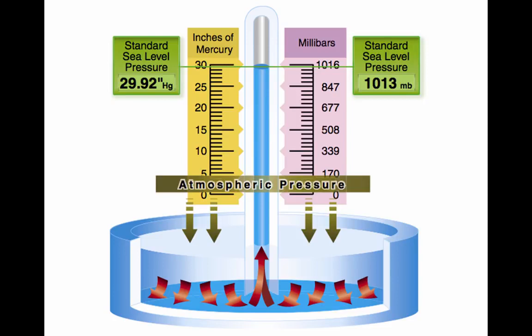Due to the changing atmospheric pressure, a standard reference was developed. The standard atmosphere at sea level is a surface temperature of 59 degrees Fahrenheit or 15 degrees Celsius and a surface pressure of 29.92 inches of mercury or 1013.2 millibars.